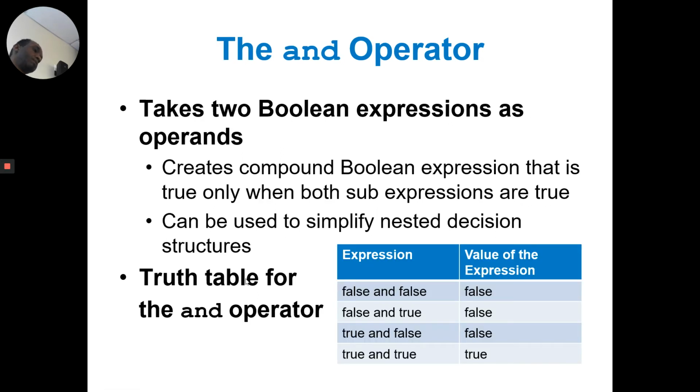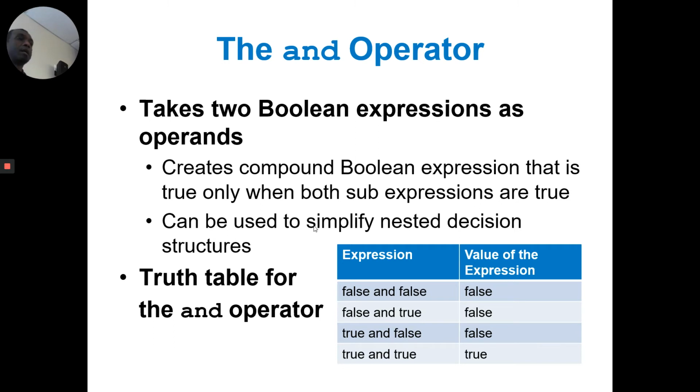Okay. So the AND takes two Boolean expressions as an operand and creates a compound Boolean expression that is true when both sub-expressions are true. For example, let's say you have a form that you're filling out, and this form says that you have to be a resident of this county, and you have to be a computer science major for you to get the scholarship.